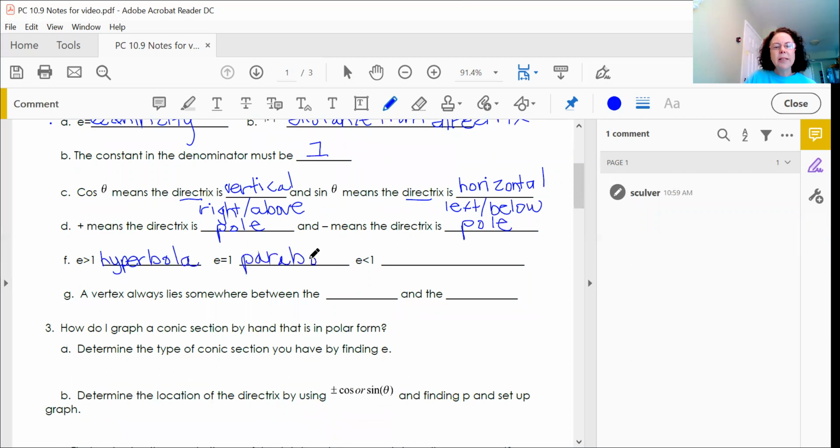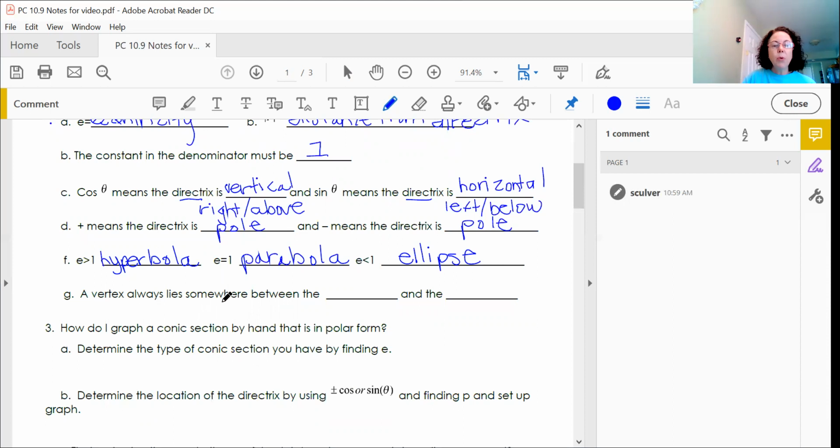And if your E is less than 1, then you have an ellipse. So now the E is not just the eccentricity, but it's telling us what conic section we have, and it's based on the ratio between the focus and the directrix.